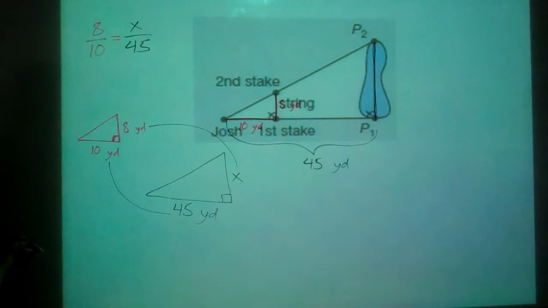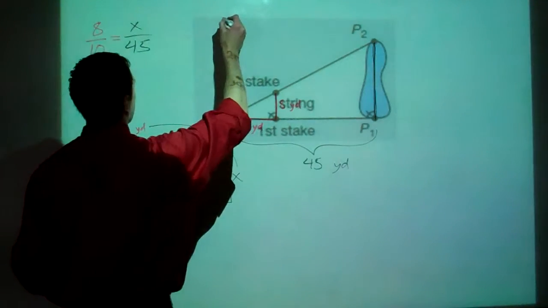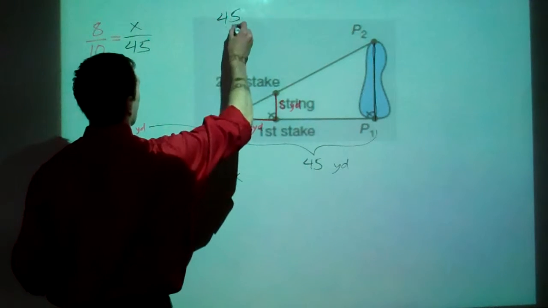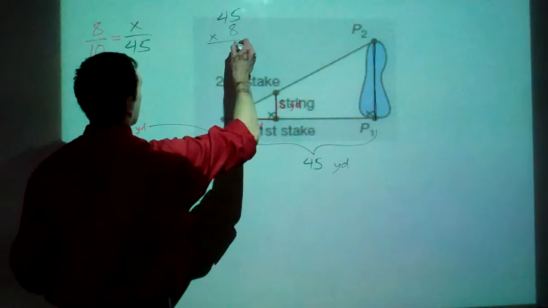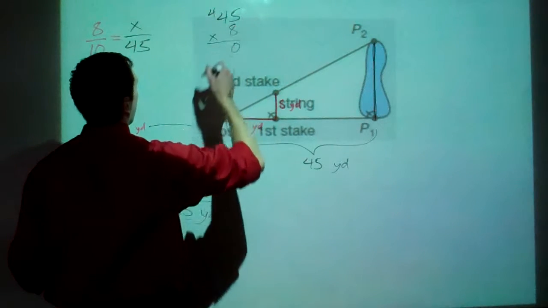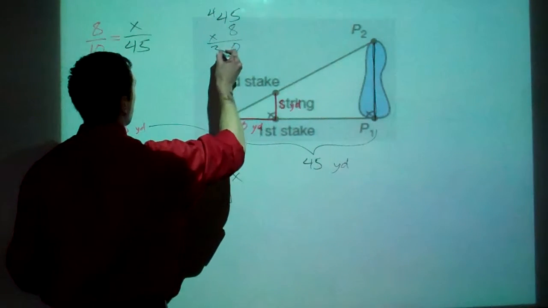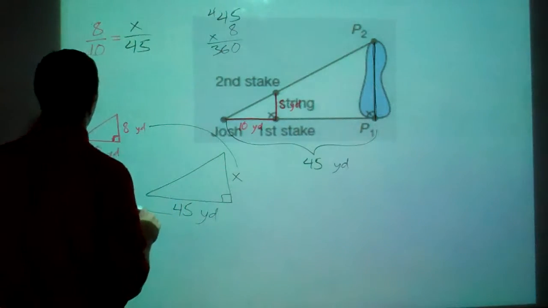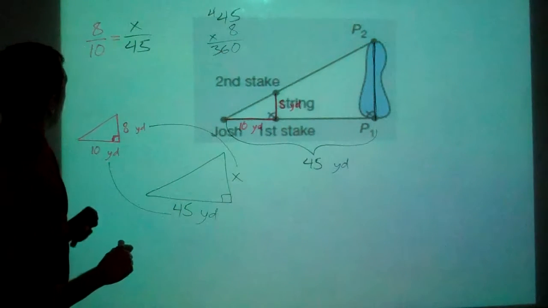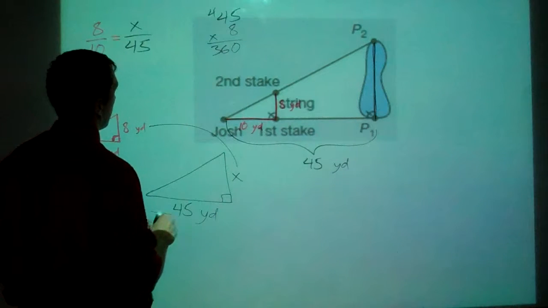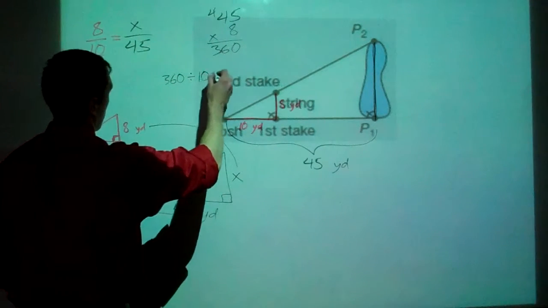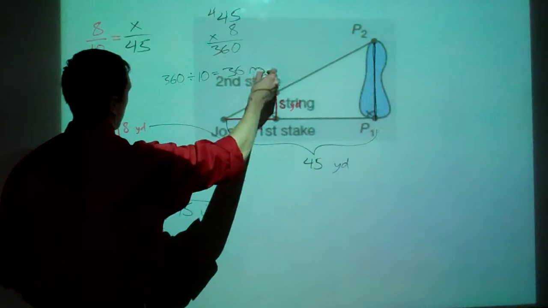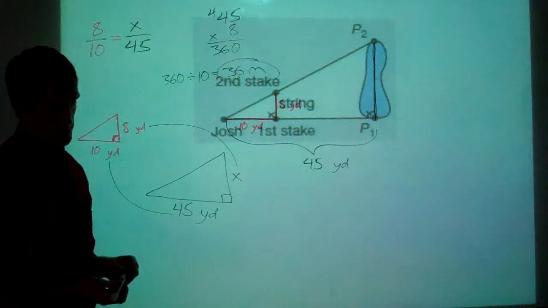And what we can do there is cross multiply, divide again. We do 8 times 45. We get 40. 8 times 4 is 32, plus 4 is 360. And then we do 360 divided by 10, and we should get 36. 36 meters. So it should be 36 meters across.